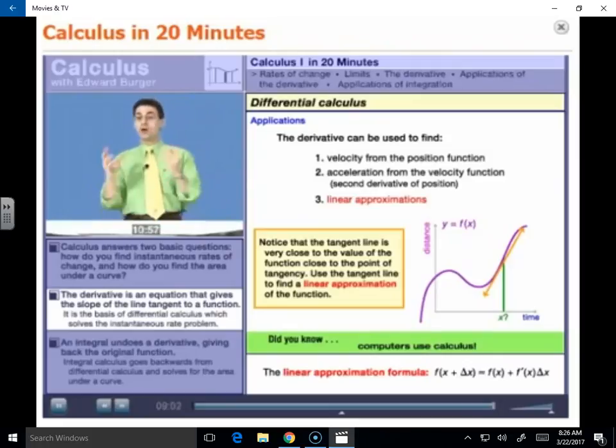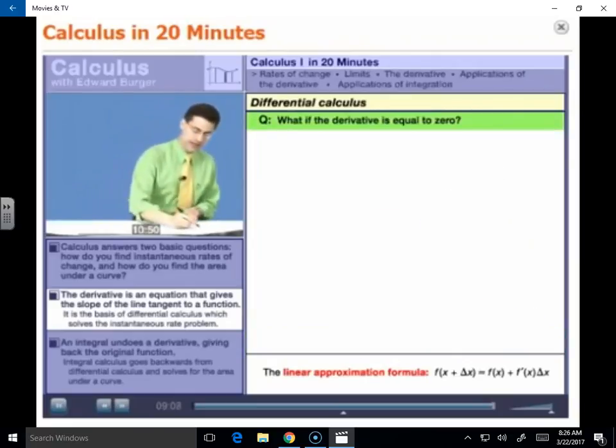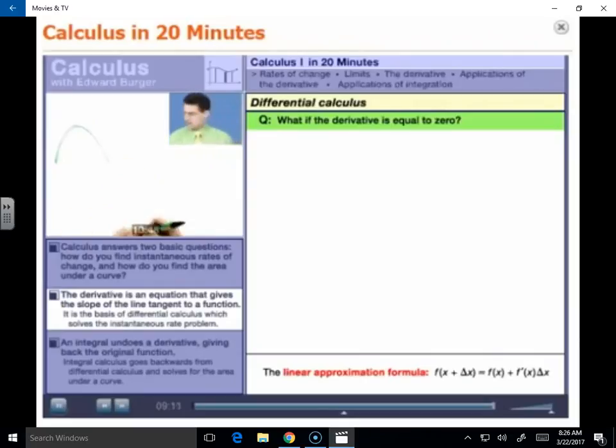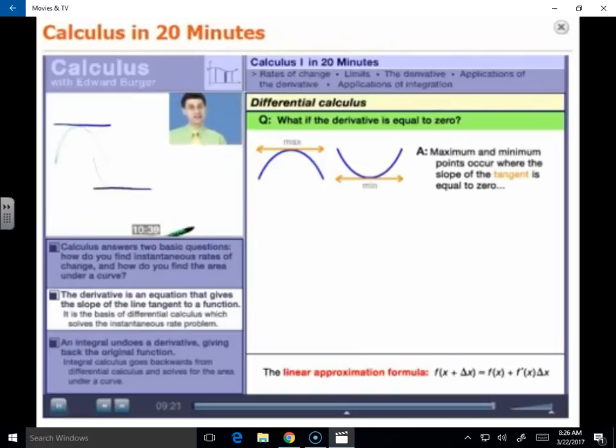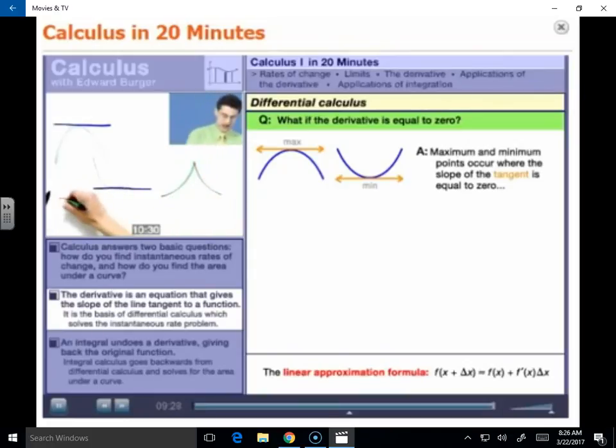Okay, now, what else can you do? Well, suppose that a derivative were to be 0. Well, how could that possibly happen? That could possibly happen because maybe the function goes like this, and I see the tangent over here has slope 0. Or maybe the function goes like this, and I see the tangent has slope 0. In particular, if the tangent equals 0, maybe we have a max or min. Also, maybe the slope or the tangent doesn't exist, like if we have a cusp, very pretty cusp like the waves.